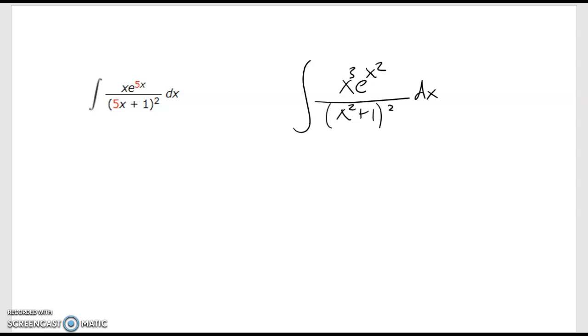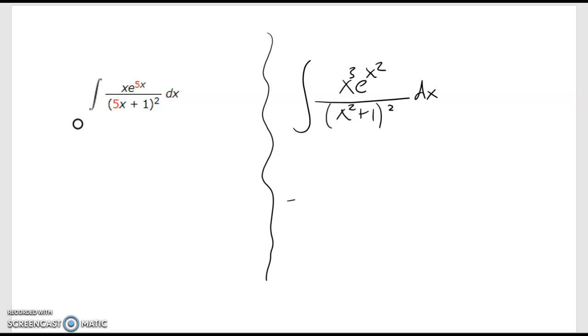Okay, so I got a couple of questions about these two problems from integration by parts homework 8.2. What I do when I'm trying to identify u and dv in the given integral is try to find a dv that I can integrate.